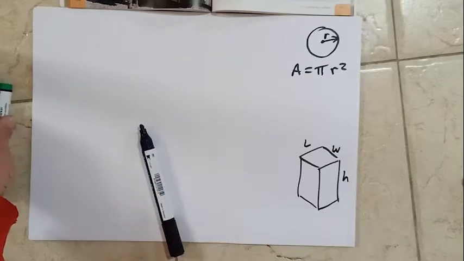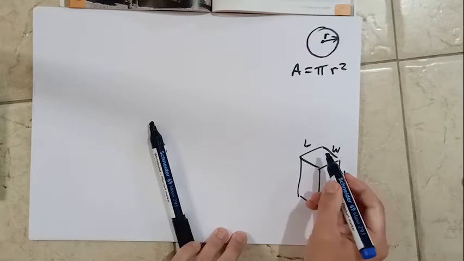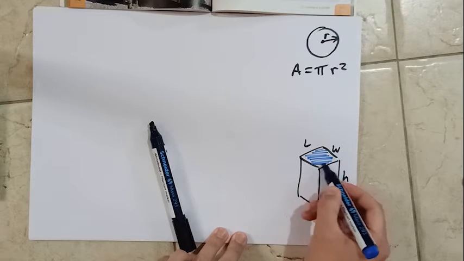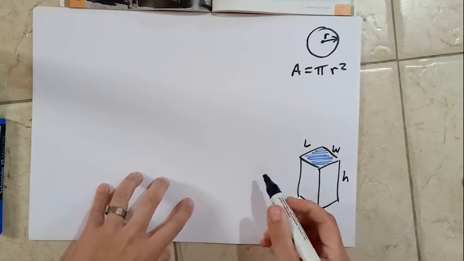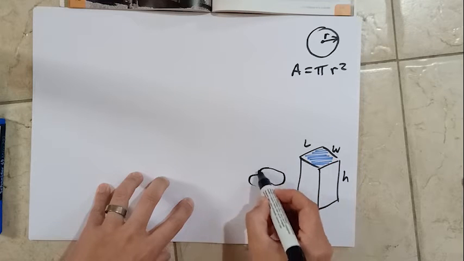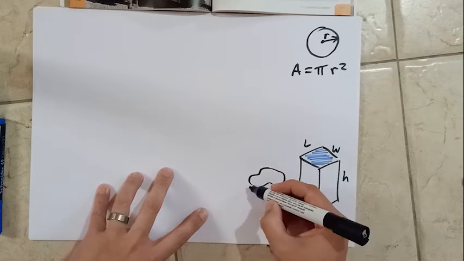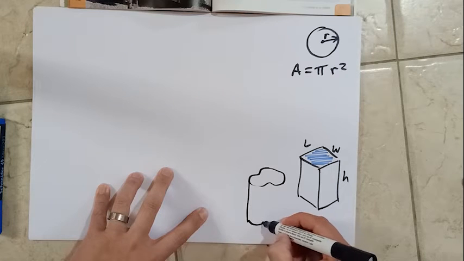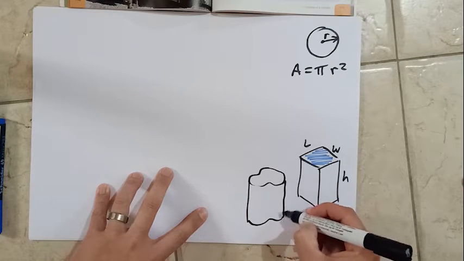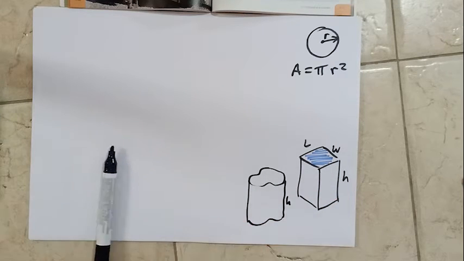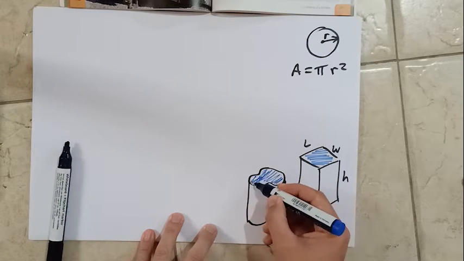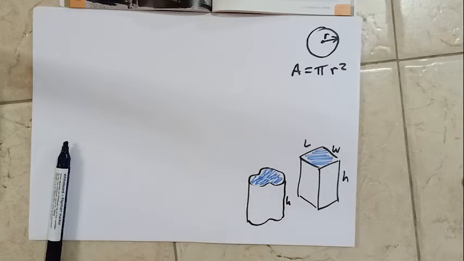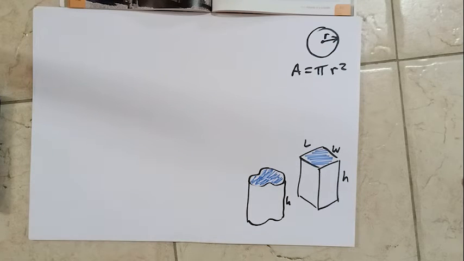Well, let's just pause a moment. It's length times width, which is the area of the end, isn't it? Times the height. And that's true for any shape, even if we did some weird kind of blob shape like that. If we knew the area of that, we could times that end area, whatever that number might be, and then times it by the h, and we get the volume.